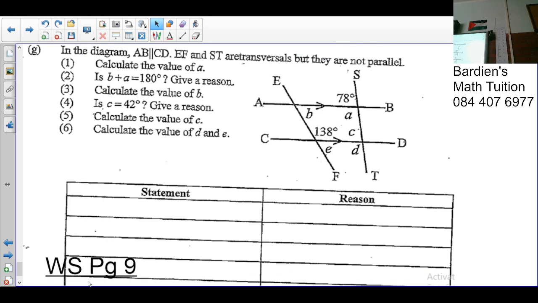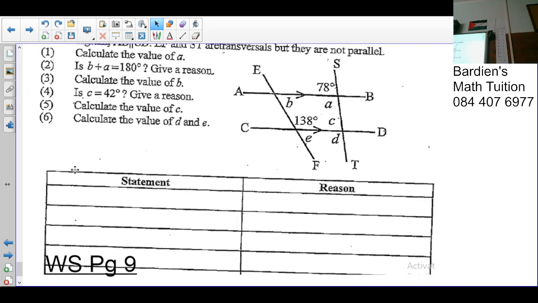Here we are told that in the diagram AB is parallel to CD, and ST and EF are transversals, but they are not parallel. What's the value of a?